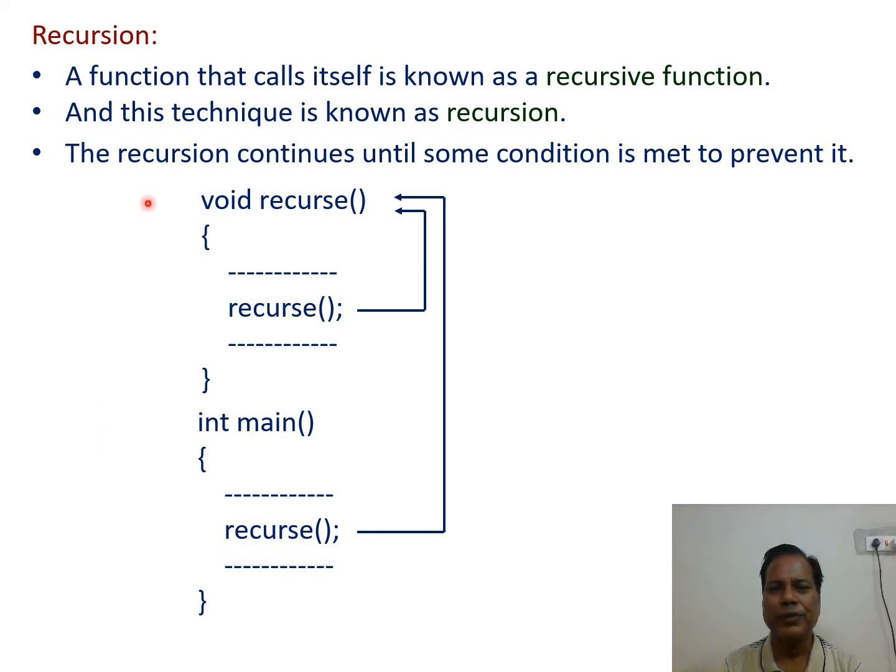So in this diagram we have two functions, recurse and main. As we know, execution always starts from the main function.